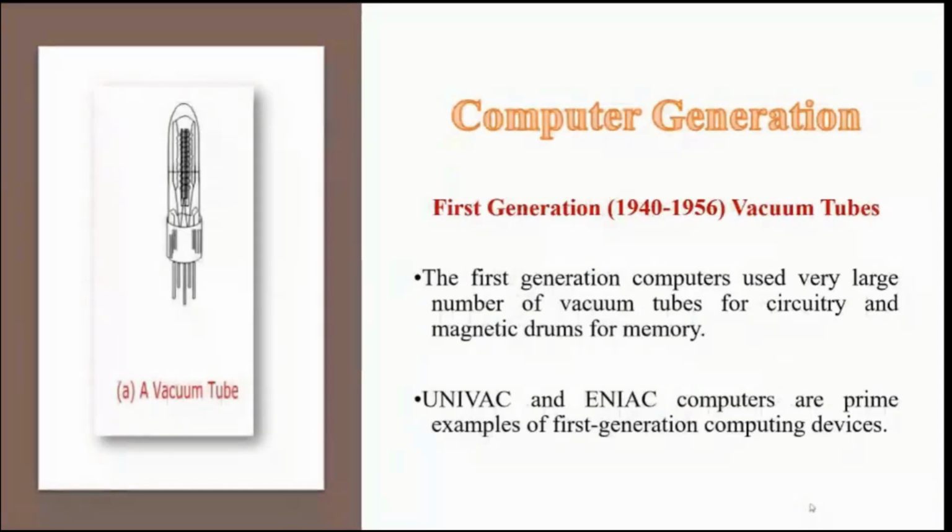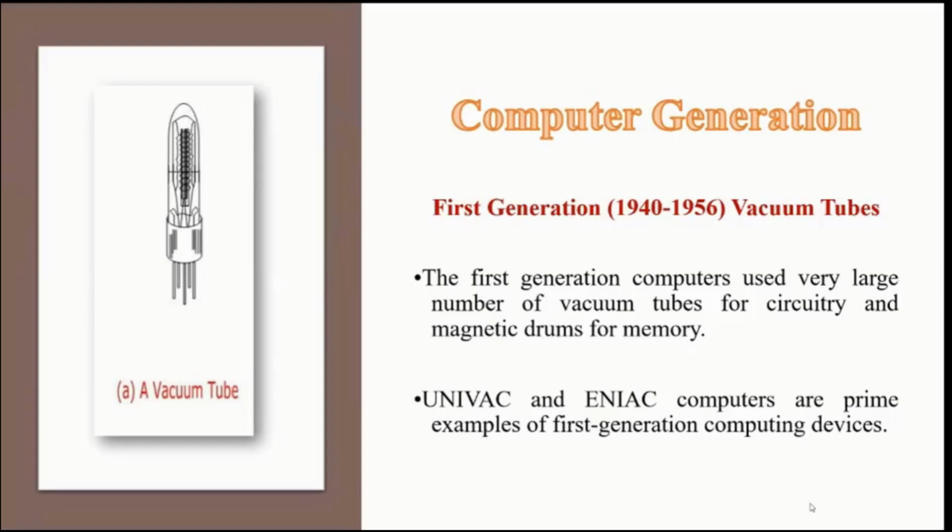Okay, I would like to talk about the generations of computers. We have 5 different generations of computers. The first generation used vacuum tubes, a very large number of vacuum tubes connected together to make first generation computers from 1940 up to 1956.